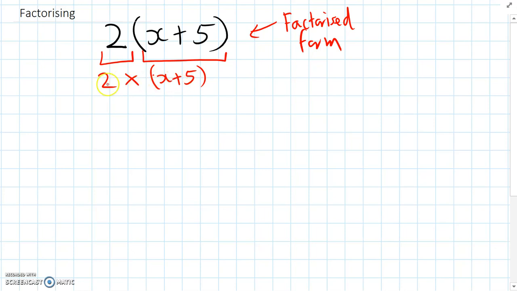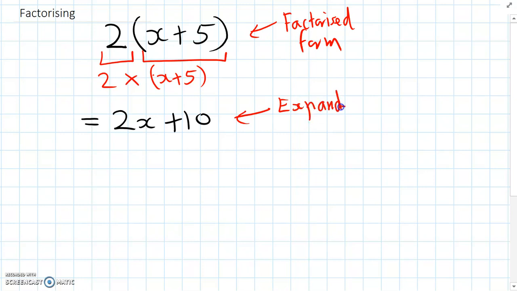And these are 2 factors because they're multiplying together. So we went from the factorized form to the expanded form. Expanding this one, we have 2x plus 10, and this one is called the expanded form.